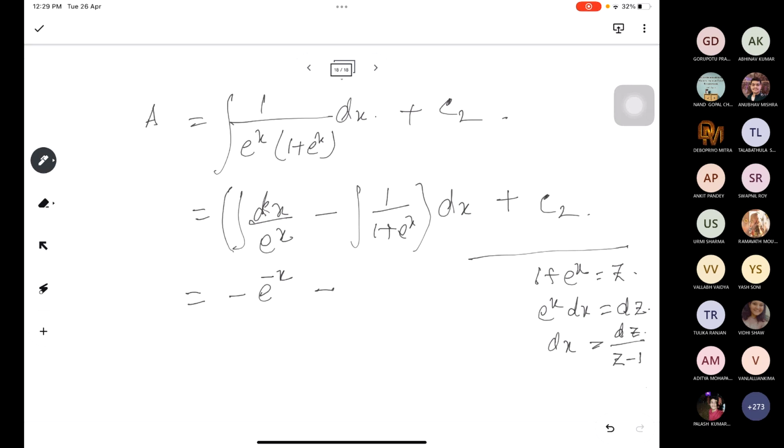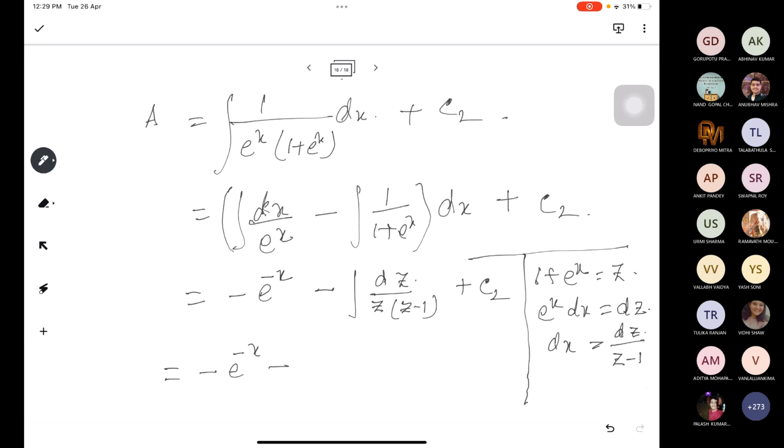That is, you are having here minus integration, plus some constant.